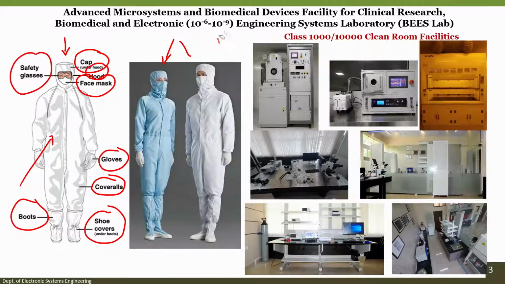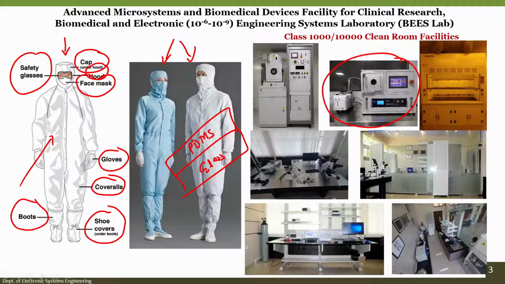Then what we have is an oxygen bonding system or oxygen plasma system. What is this used for? This is used for bonding silicon with glass, or for bonding PDMS with glass.